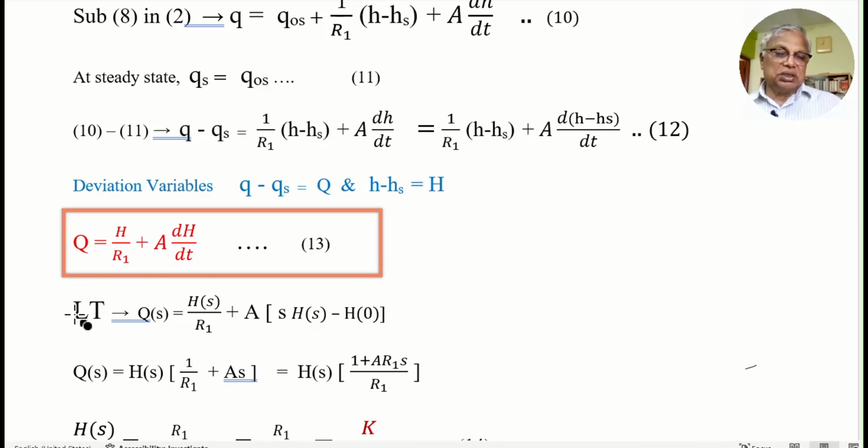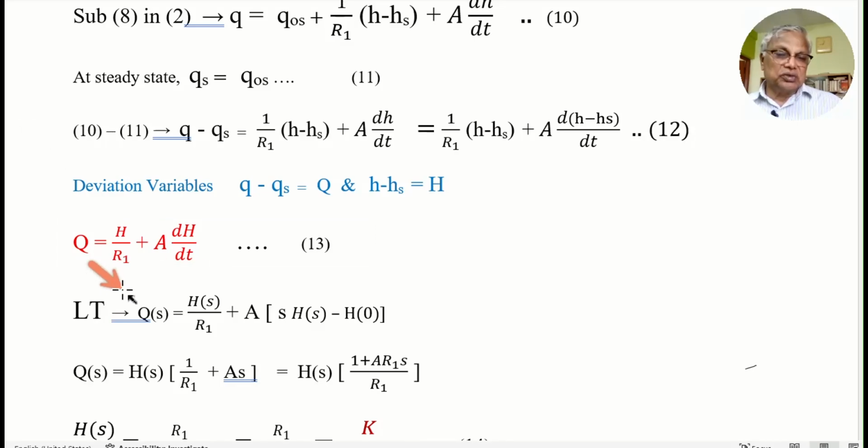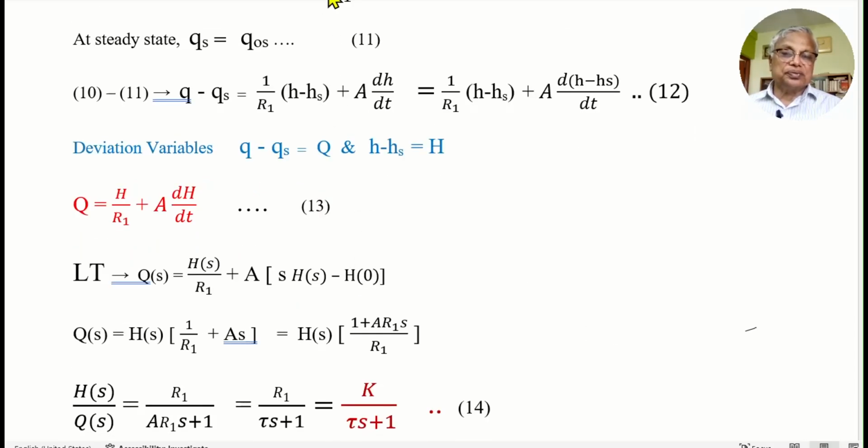How? By taking Laplace transform. If you take Laplace transform, Q becomes Q of s, H by R1 becomes Hs by R1, and this first derivative becomes s into Hs minus H0. Now what is this h0?